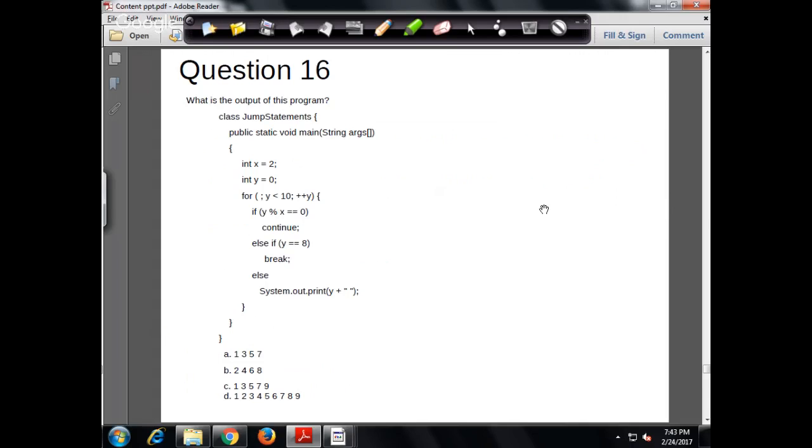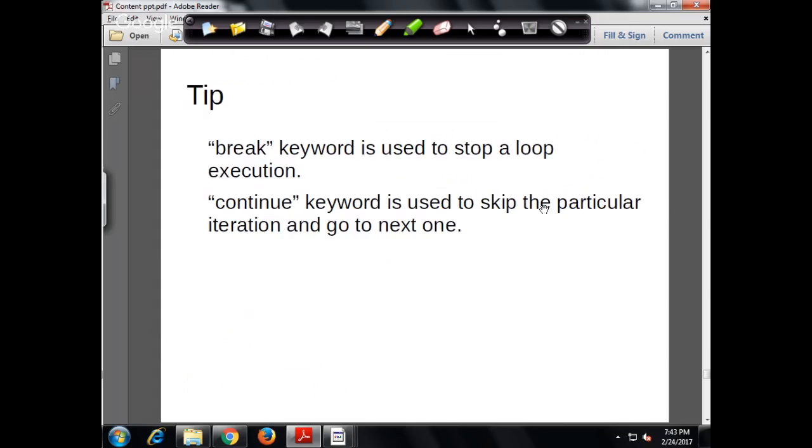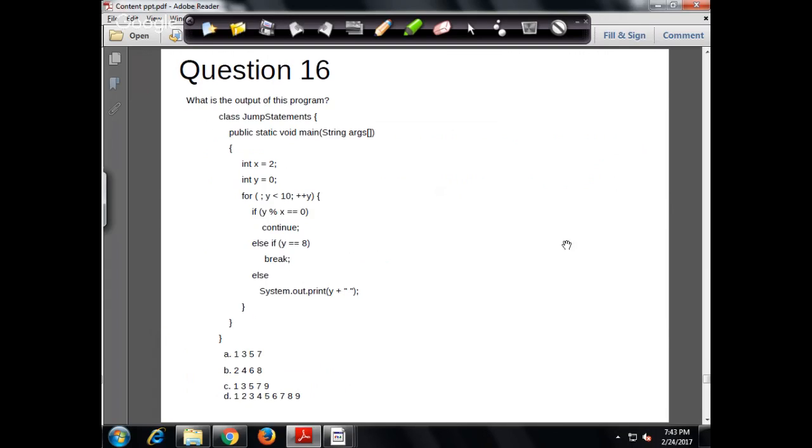So let me just give the tip for this particular question. Just have a look at this tip, which explains about the two keywords that we are using over here, break and continue. So now that I have displayed the tip, I'm going to display the question again so that you can use the learning from the tip and relook this particular question and try to answer it again.